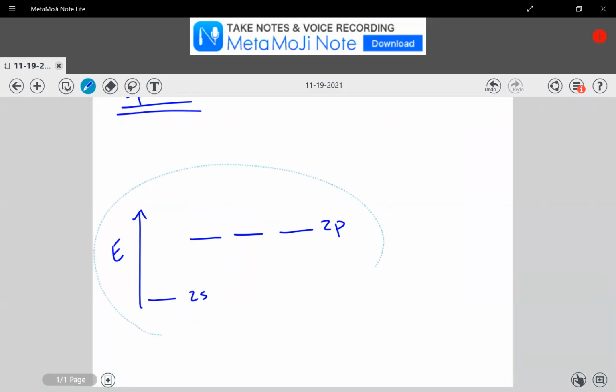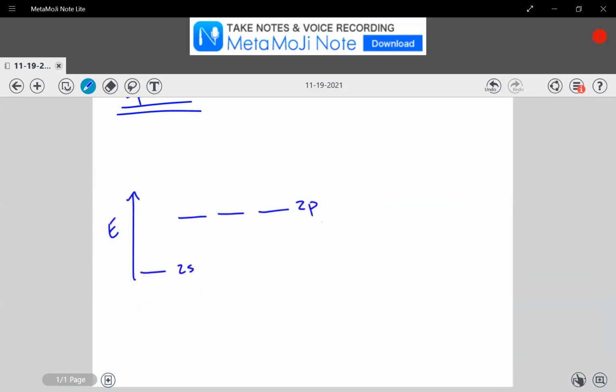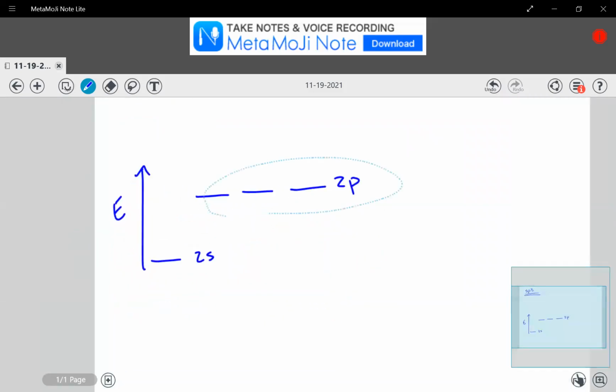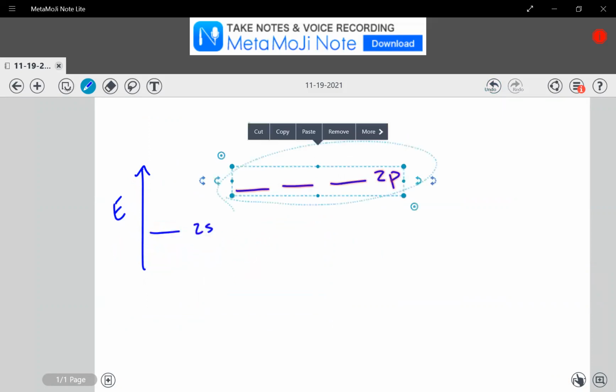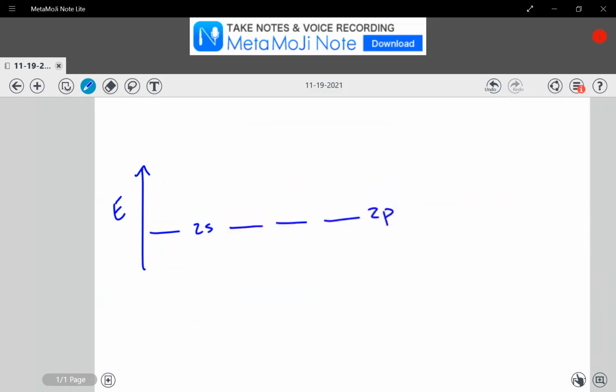And when they create hybrid orbitals, these energy levels kind of meet in the middle. So our 2s goes up, our 2p goes a bit down, and they create these hybrid energy levels, all right? 4 degenerate energy levels, and this is our sp3.